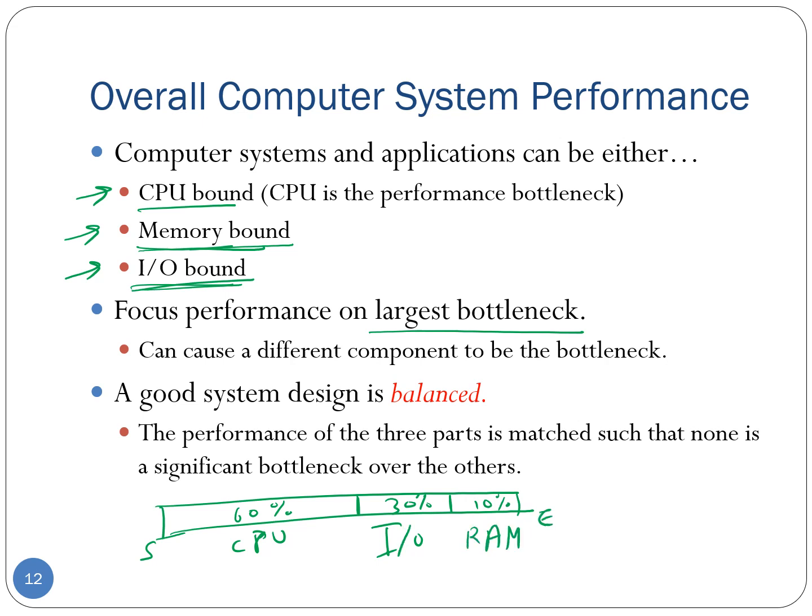So if you want to improve the performance of the system, it makes sense to focus on the CPU performance, because that is where most of the time is spent.